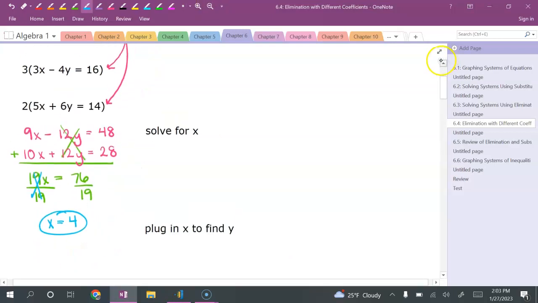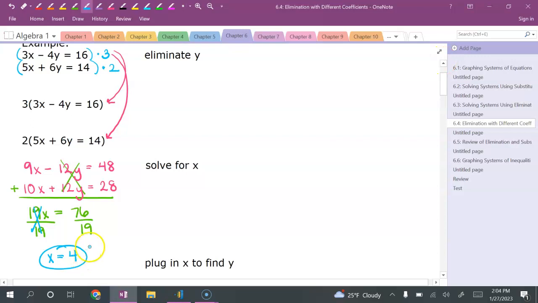Now what I need to do is take that 4 and go back to one of my original equations up here at the top, and I need to try to solve for the y. So again, like we did in substitution and with the elimination that we did in the previous section, it doesn't matter what equation you go back into. So I'm going to decide to just go into that top equation, that 3x minus 4y equals 16.